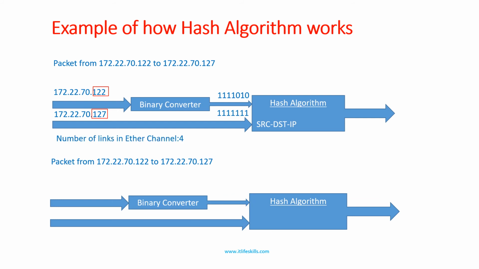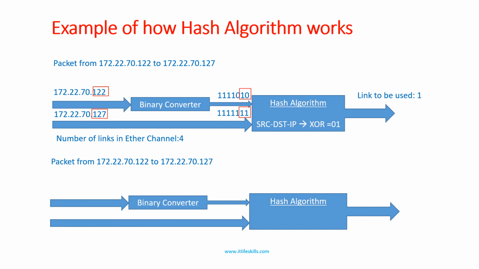And now we know that in the EtherChannel we have 4 links, so it requires 2 bits for this and for this. And the XOR operation of 1 and 1 is 0, and 0 and 1 makes it 1. So the link that will be used is link number 1.